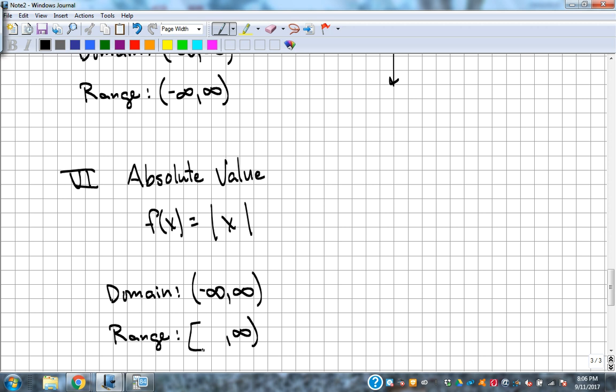The range, because when we take the absolute value of something, the answer is positive, is from 0 to positive infinity. The graph of the absolute value function is a V shape, always. All right. So the V shape, 0, 0 is in there, 1, 1.